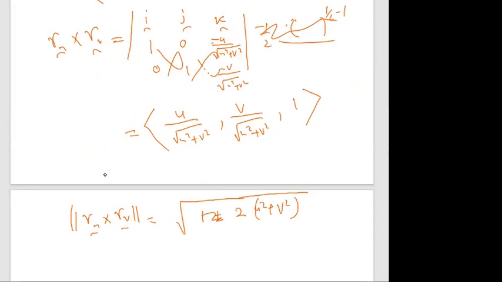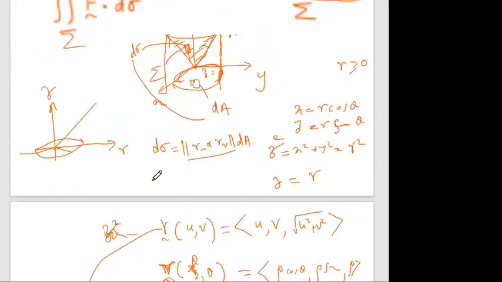Magnitude, and you get the denominator. You can cross this off. Finally, you get this. Got it? Is this correct? I don't know. I made a mistake.